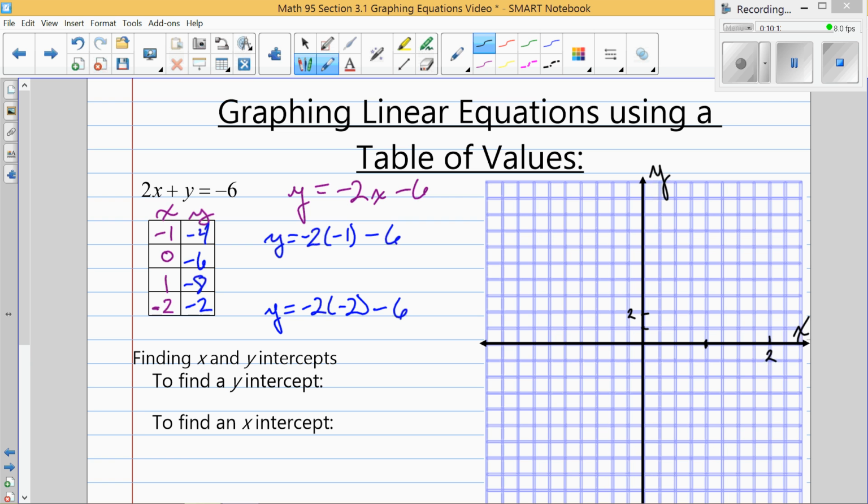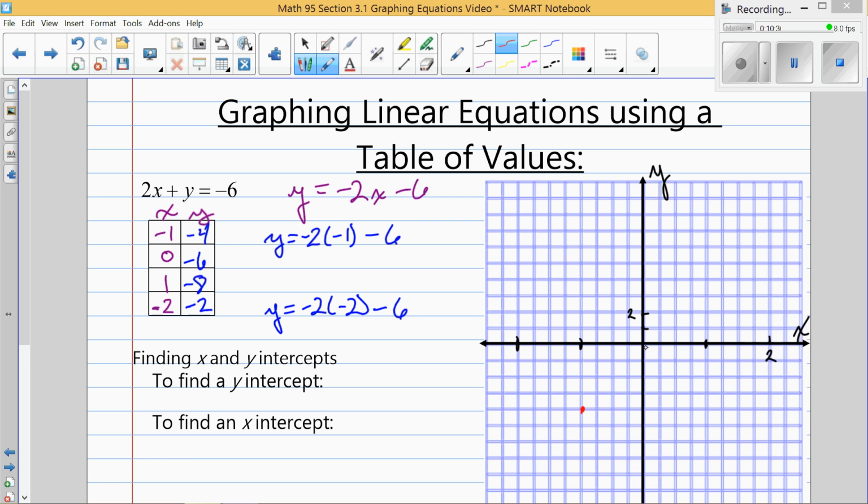So now I'm going to plot my points. First one is when x is -1. Let me make sure I make a note to myself where that is: 1, 2, 3. Those are my 2 x values that I'm going to look at. When x is -1, my y value is -4: 1, 2, 3.